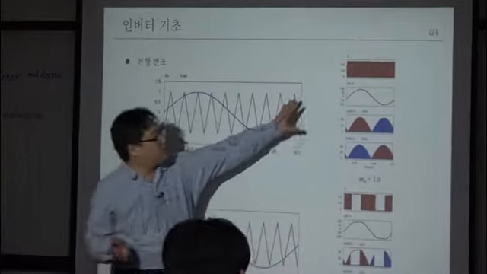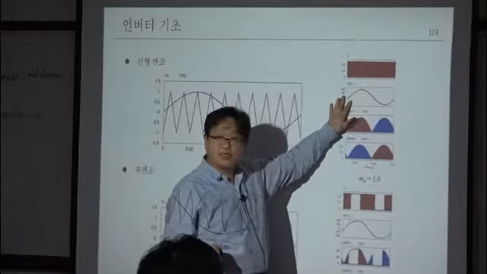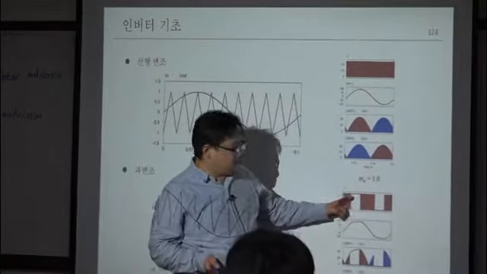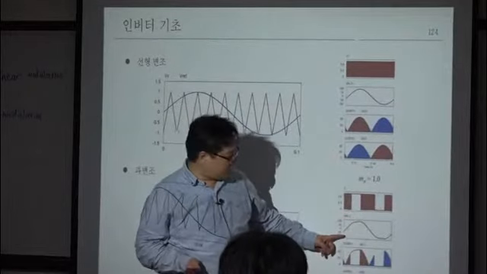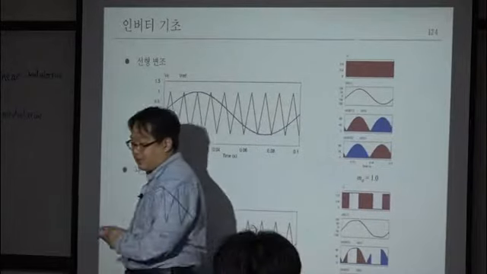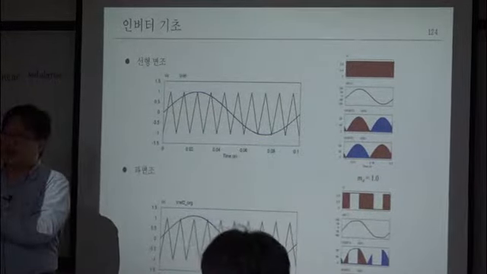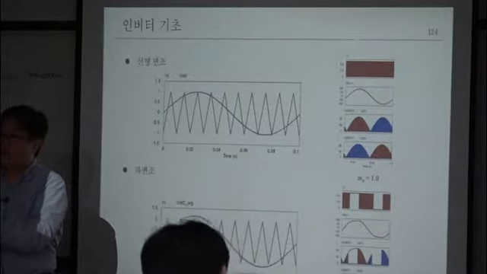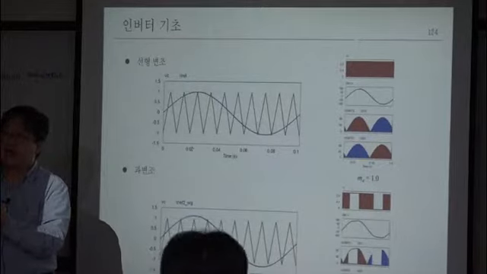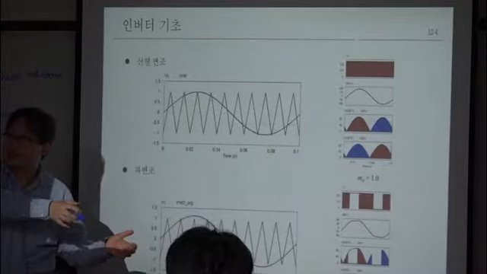In the linear operational range, your output current is sinusoidal like this, but in the overmodulation region, your output voltage is non-linear, so your current is distorted like this, right? So simply think about this. If your current is distorted, then it creates torque ripple in the electric motor system. And it also creates reactive power in power electronic systems under utility applications, okay?